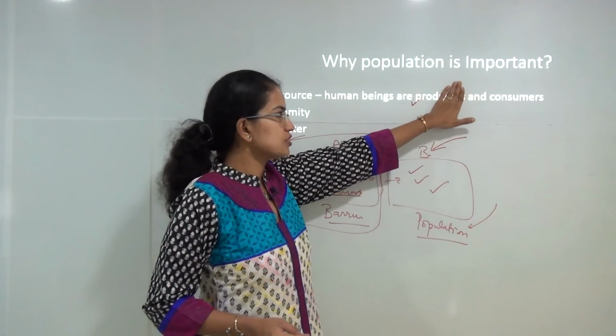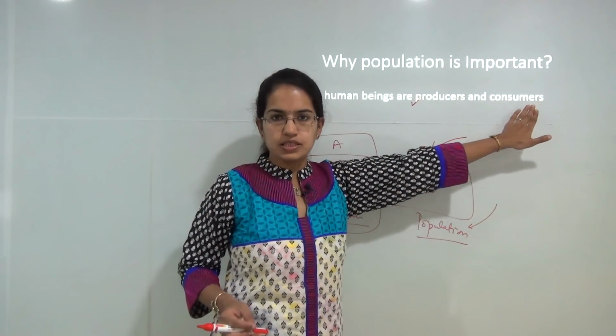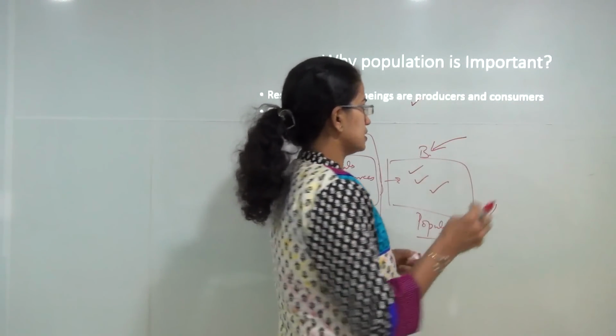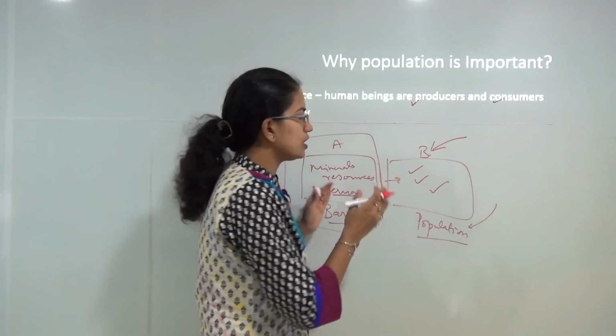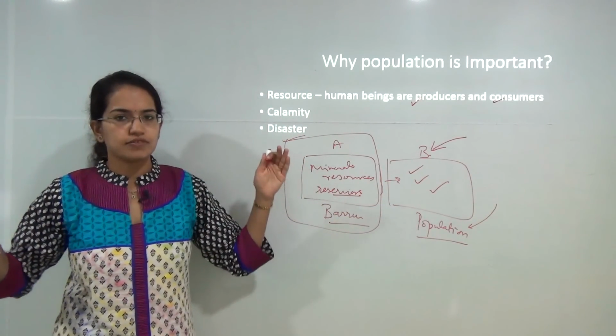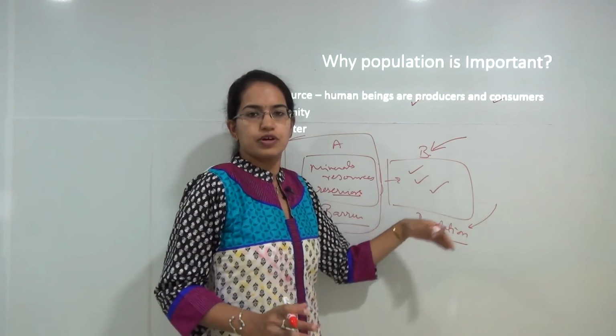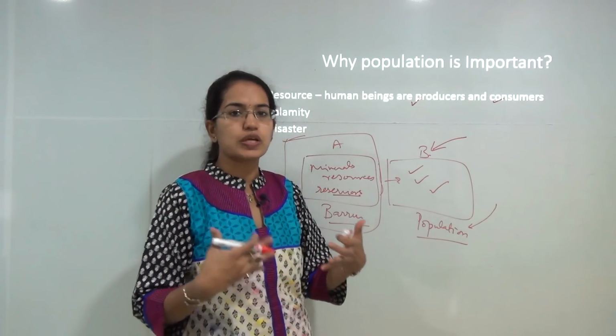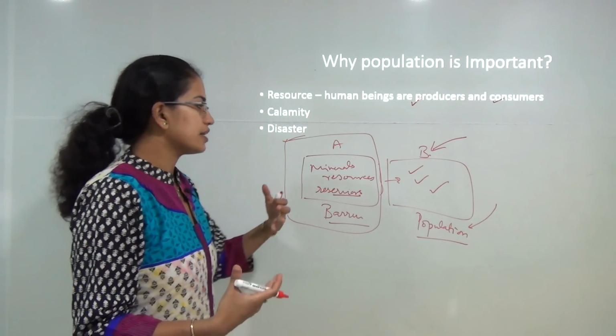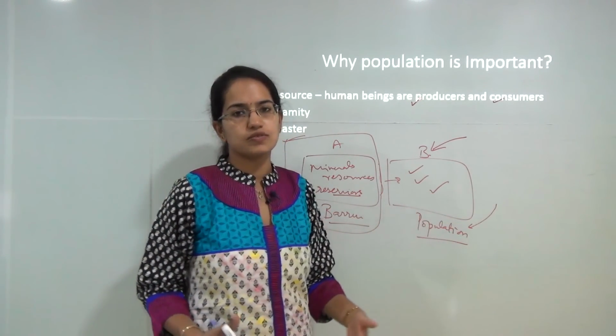Again, those resources would be used by human beings itself, so they are the best consumers. So all the resources that we have on a given chunk of land are useful only if you can harness them, and human beings act as a producer as well as a consumer for those resources.